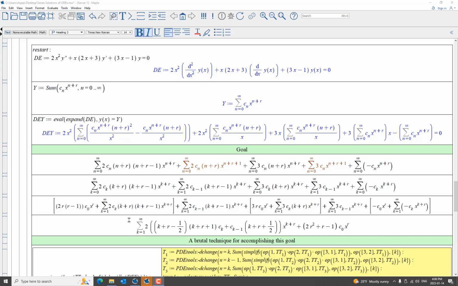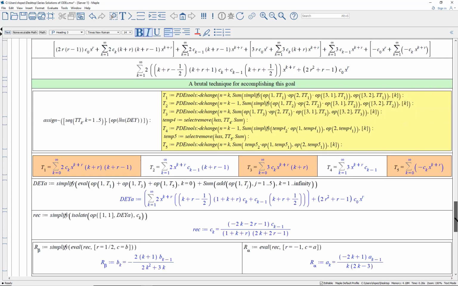I've pulled it out here, here, and here. Then the terms in x to the k plus r that all start at k equals 1 would be here, and I would have my recursion equation from here, and my initial equation from the pieces that I had to pull out. If I could manipulate these pieces the way I do with a pencil and paper, I would have it done in Maple.